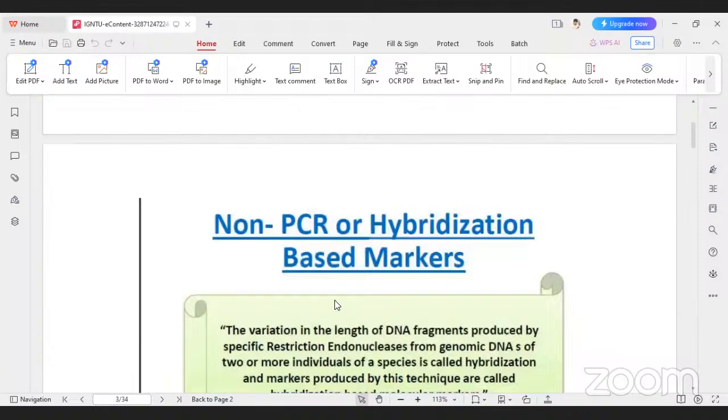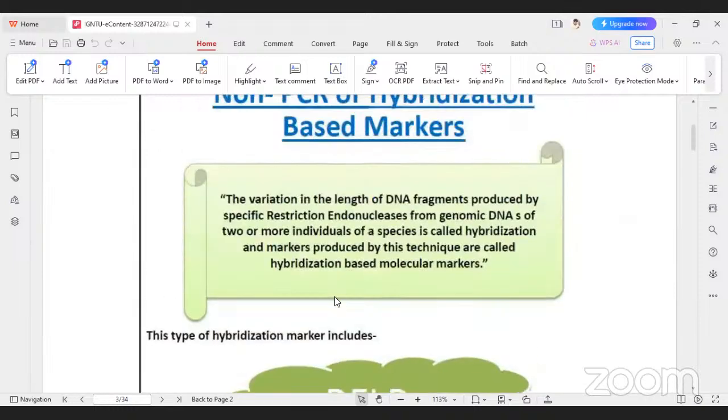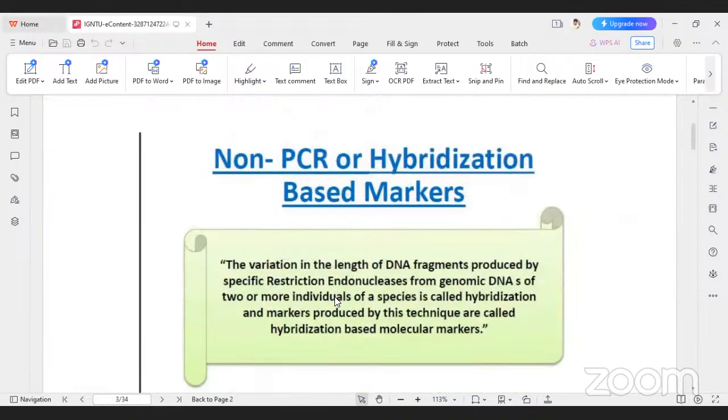Before the non-PCR hybridization-based markers, let's see some different types of markers. In our book there are phenotype, protein and morphological markers, but no need for that one.